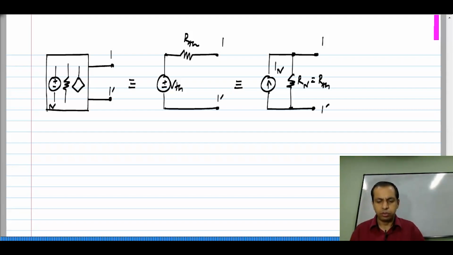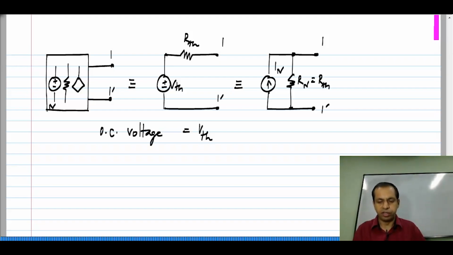Now, one thing I want to point out is the relationship between the values VTh and IN. These two are also exactly equivalent to each other. That is what it means, right, because this circuit is equivalent to this, which is equivalent to that. So, the relationship between IN and VTh can be easily found out by considering the open circuit voltage between these two. Okay, because this circuit should also have exactly the same open circuit voltage as this one, if they are to be equivalent. The open circuit voltage in the Thevenin's case obviously equals VTh.